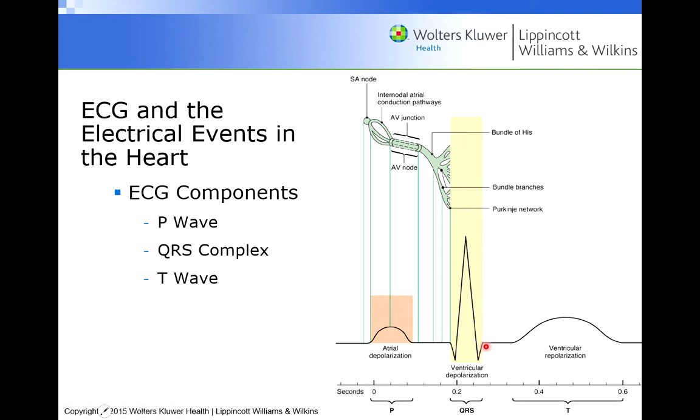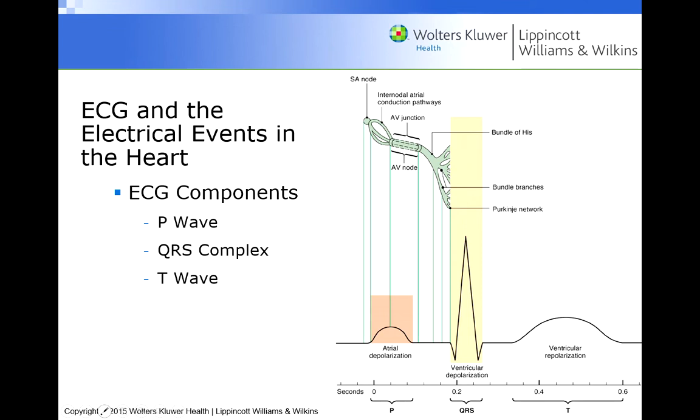It generates a lot larger impulse on the EKG. After ventricular depolarization, we see a pause in the electrical activity and then a big bump here, which we refer to as ventricular repolarization. Ventricular repolarization is the resetting of the ventricular myocytes, returning back to their resting state.